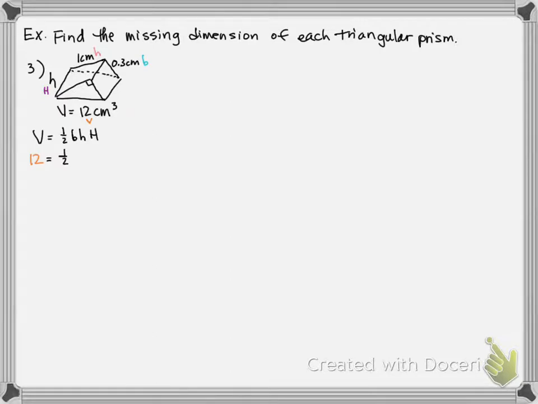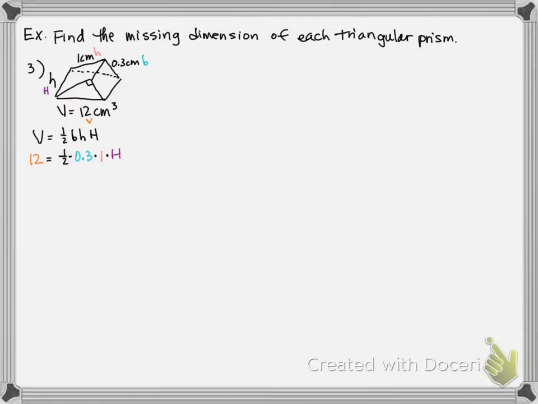And then the base is going to be 6. No, what's the base? 0.3. There we go. And then times the height of the triangle, which is the 1. And then it would be times the height of the prism. So it just stays like that.